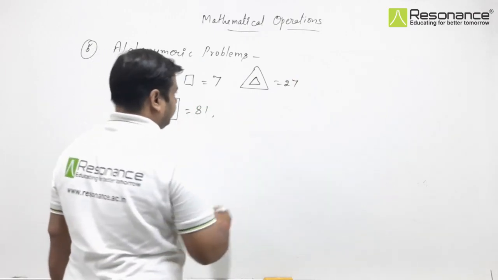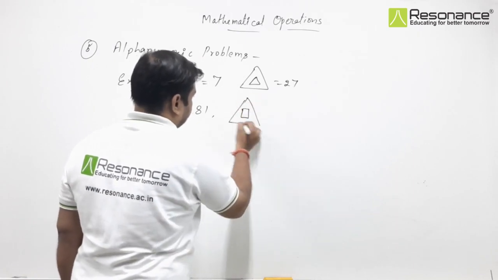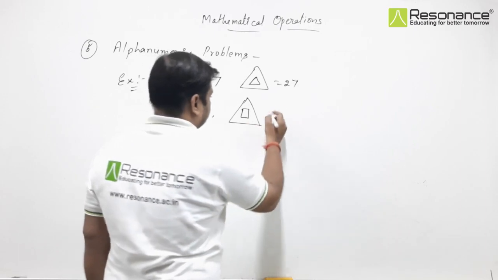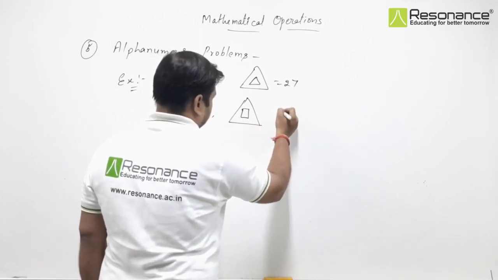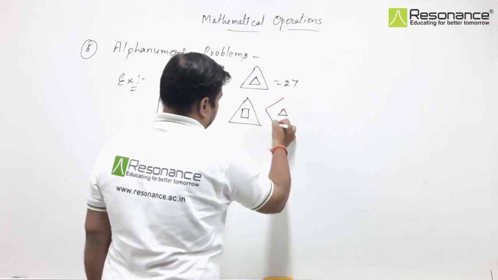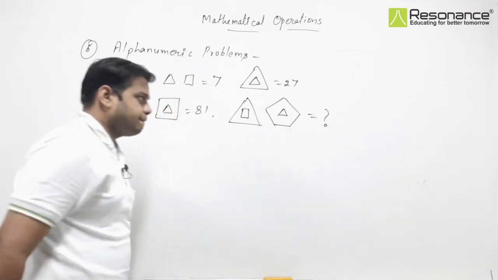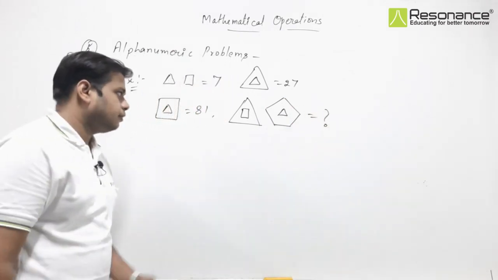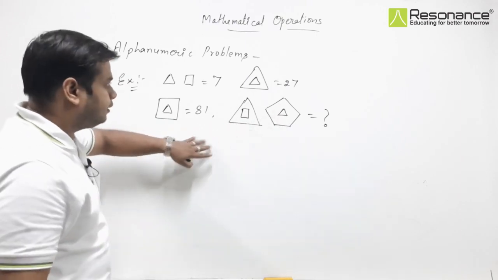So we have to find square over triangle over square, and pentagon over triangle. We have to find the value of this.